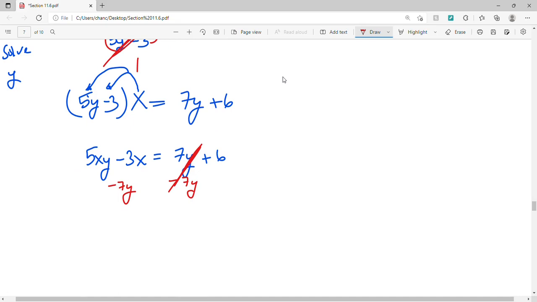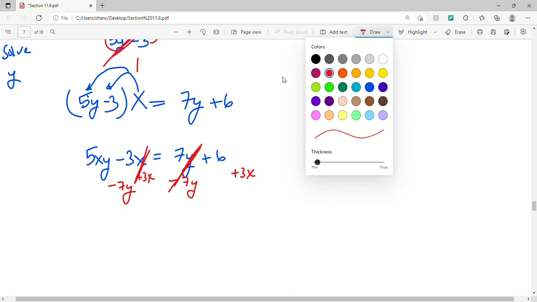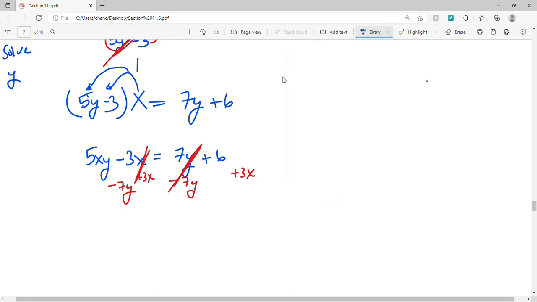But I want to get the x's on the other side, so let's add 3x to both sides as well. And that cancels out the 3x and the negative 3x. This simplifies to 5xy minus 7y. It's all on one side now. Equals, and on the right you just have 6 plus 3x, or I could write 3x plus 6.